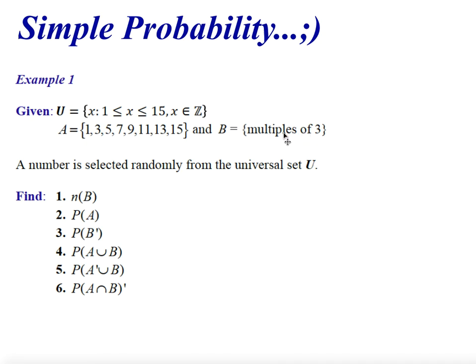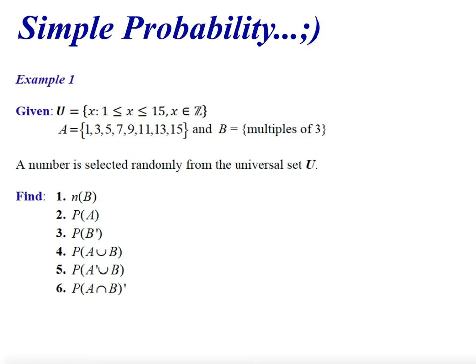That would be 3, 6, 9, 12, and 15. And of course, there's some overlap of the numbers in set B relative to set A. And if a number is selected randomly from this universal set U, we'll explore all of these mini questions in just a second.